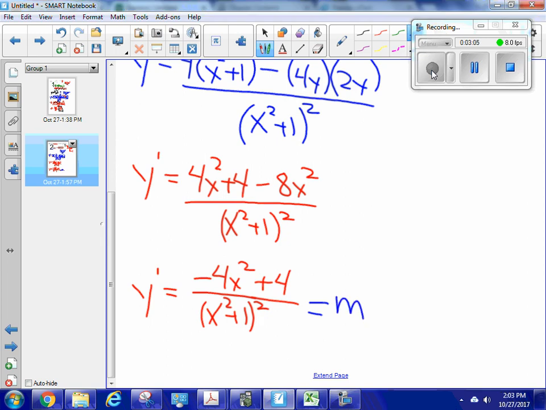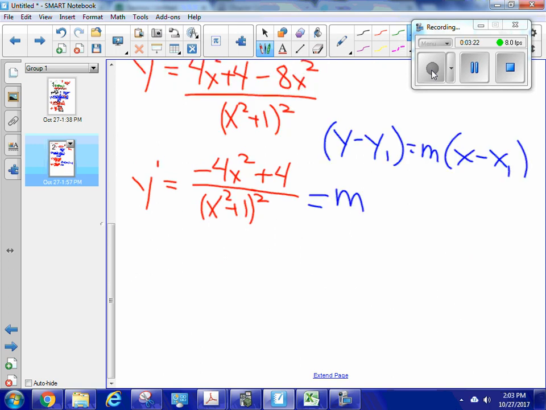And let's just call that equal to m, which is going to be the slope of our tangent. And I'm going to use the point-slope method of finding the equation of the tangent, which is y minus y1 is equal to m times x minus x1. So I have a slope, and I have 2 points. One point is the point (0, 0), the origin.